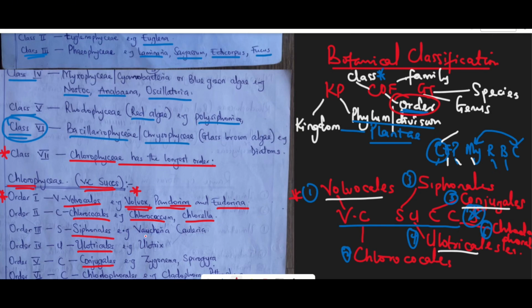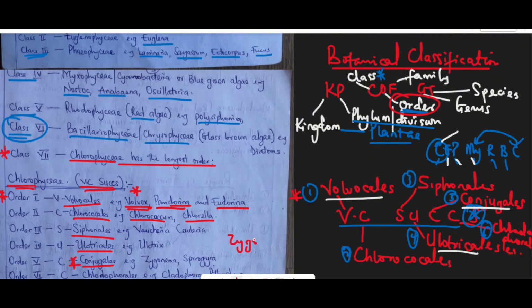Then we have Siphonales. Siphonales examples are Vaucheria and Caulerpa. Then we have Ulotrichales, an example of which is Ulothrix. Then Conjugales. For you to remember Conjugales, you should think about conjugation. Conjugation is more like two things coming together. Do you understand? When two things come together, like in fertilization, for instance, it forms a zygote.